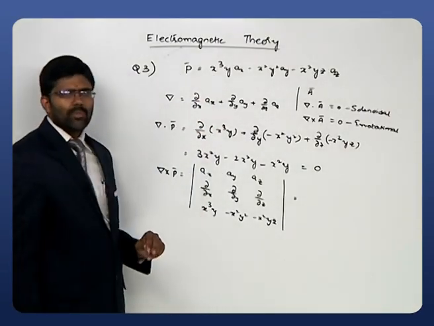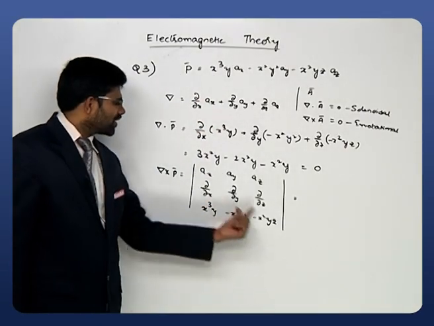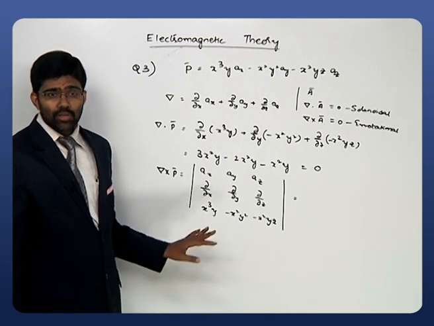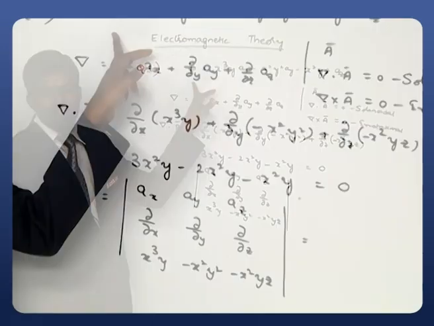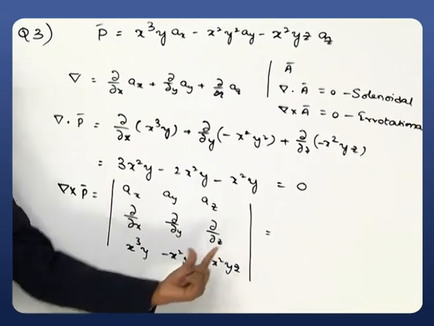Here I will give you a simple technique: don't go for the entire calculation. Here we don't require the answer, just what we require is the property of this vector.